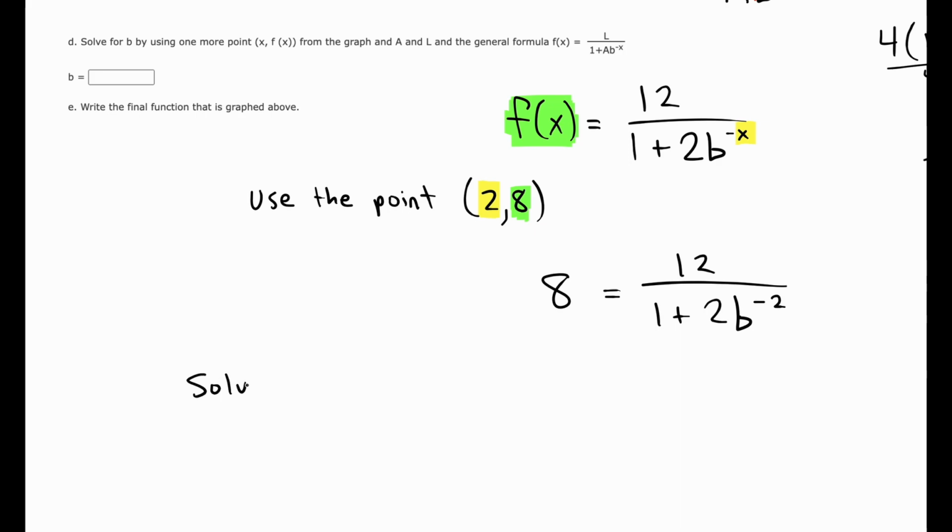And now we have to solve for B. This is going to require some algebra here. We're going to want to multiply this entire denominator to the other side. We'll put it there.